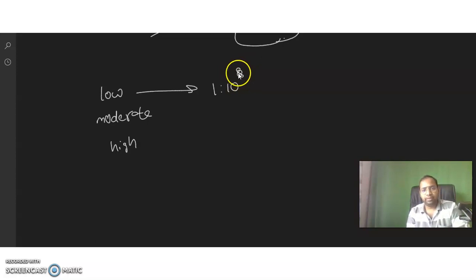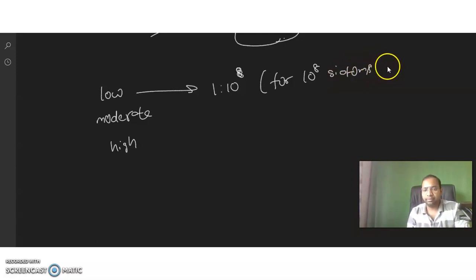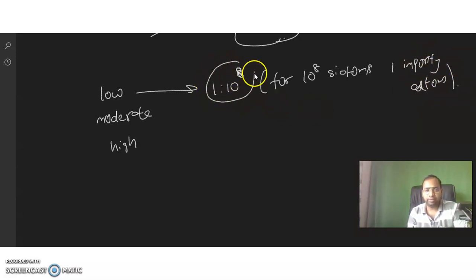What does this 1 in 10 to the power of 8 mean? For 10 to the power of 8 semiconductor atoms, silicon, germanium or anything, we are doping one impurity atom. Got it? That is the meaning of 1 in 10 to the power of 8. So it is called light doping.